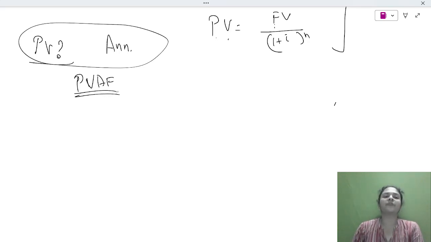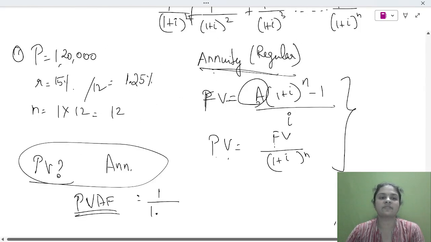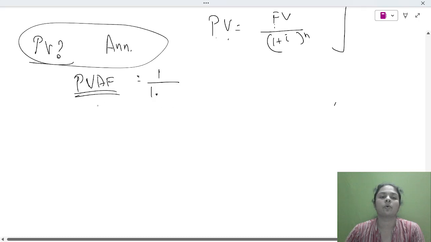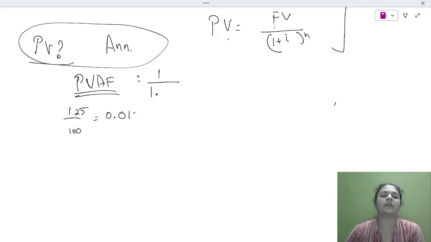Okay, how to find the PVAF? We are going to do the PVAF for 1 divided by 1 point, what is the rate of interest we said? 1.25, correct? So 1.25 by 100, you will get 0.0125.